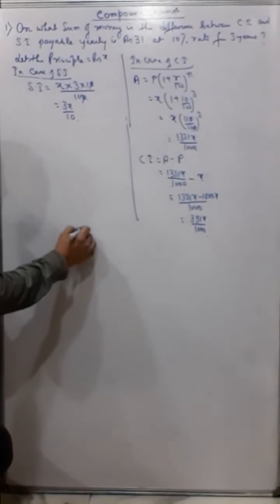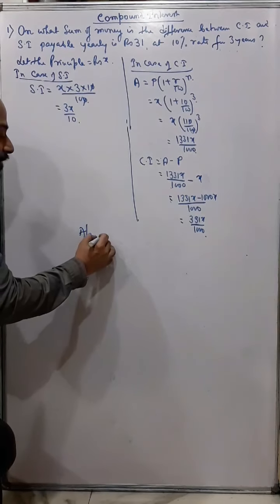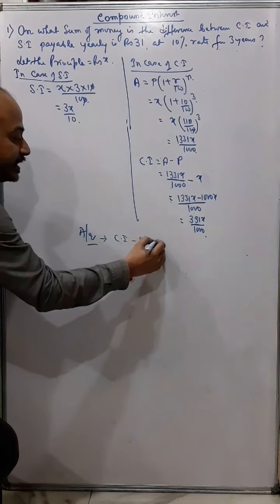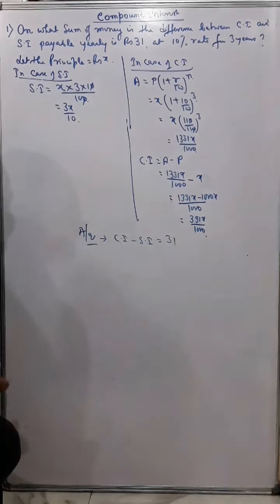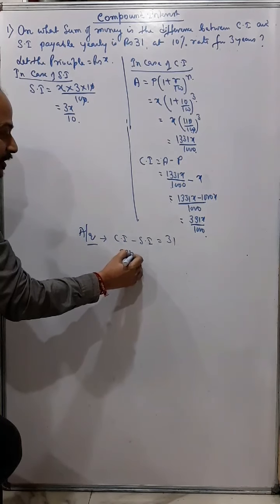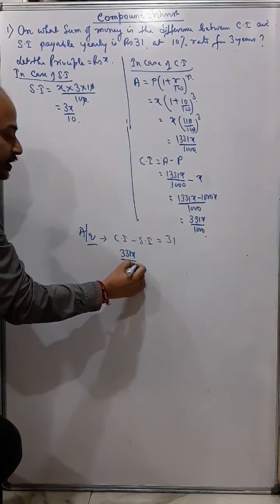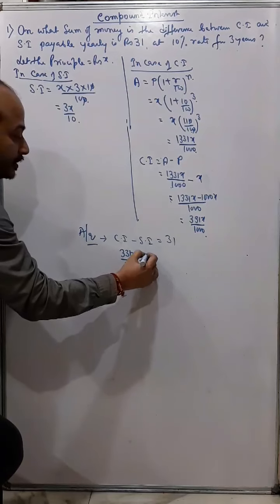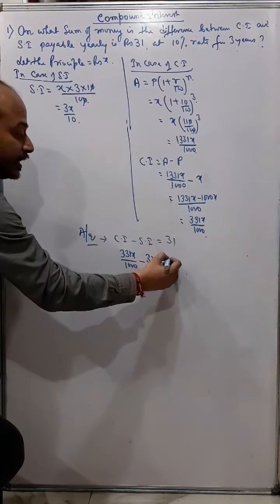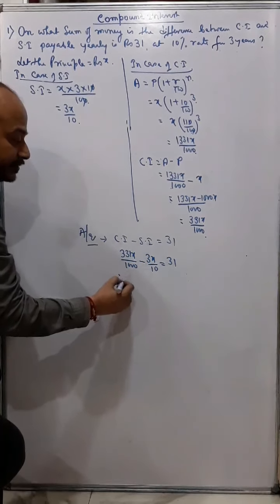Now according to the question, what they told? CI minus SI equals 31 rupees. Now we'll put this value: 331x by 1000 minus 3x by 10 is equal to 31.